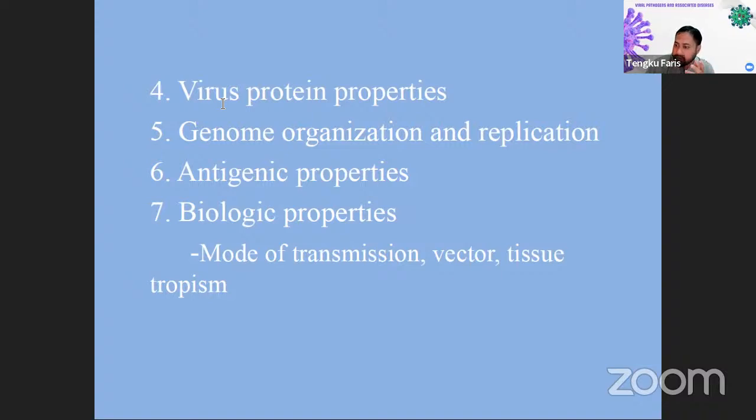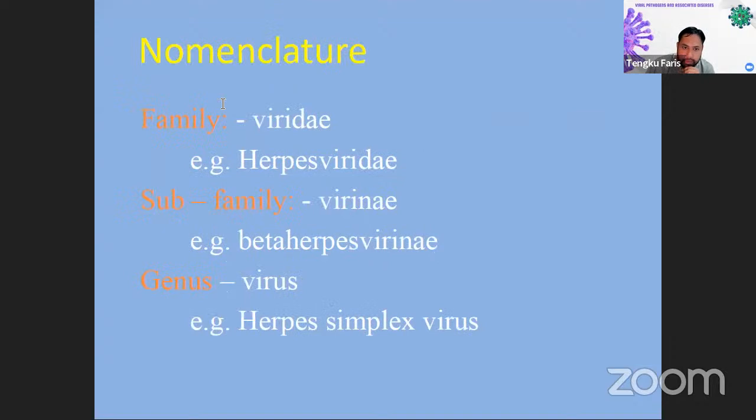Like some viruses invade the insects and then the insects transfer the virus to humans. And the tissue tropism: how do they invade the neighboring cells? So there are lots of properties for these viruses, and hence the names are different. The characteristics are different.